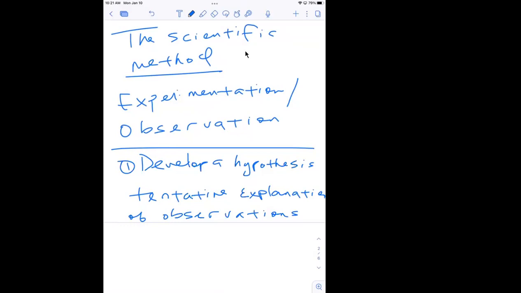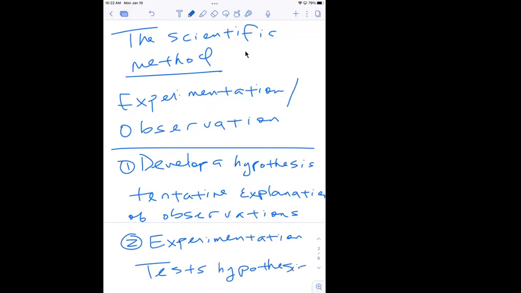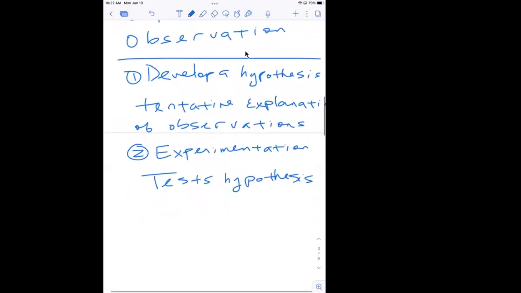So the second step in that scientific method is to do experiments, right? That's what an experiment is. It's testing of an idea. So I'm testing my hypothesis, and based on my experimental observations, I can develop what's called a law, right?